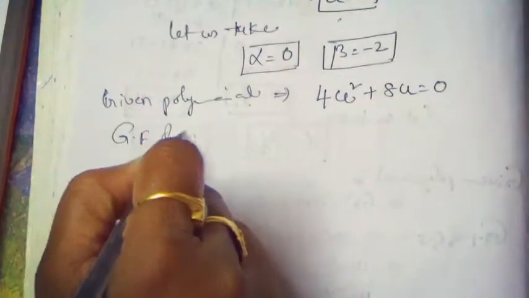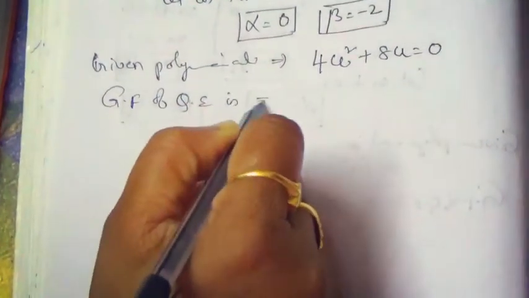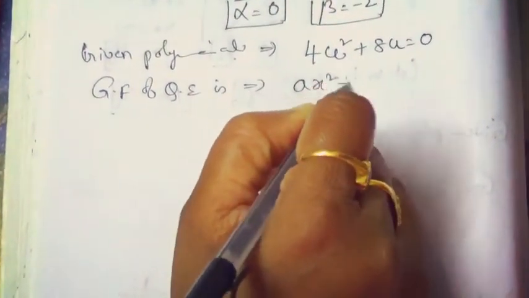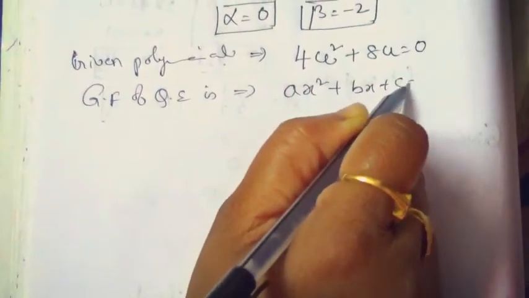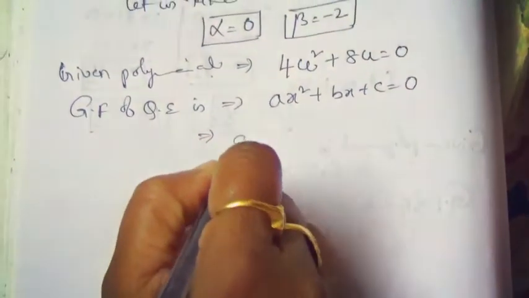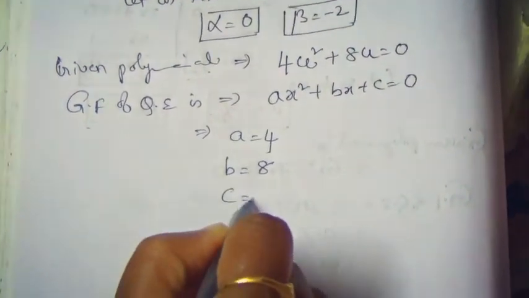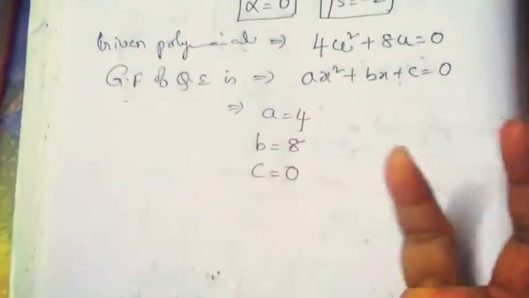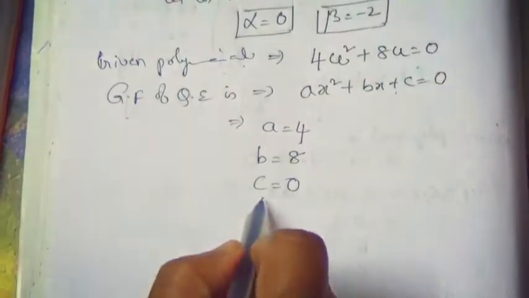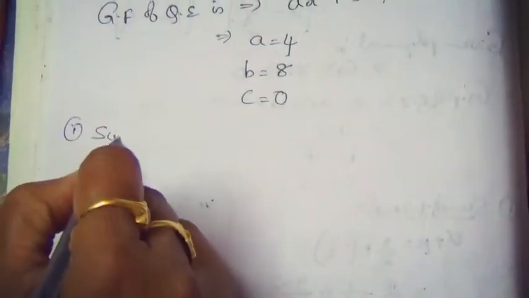The general form of a quadratic equation is ax square plus bx plus c is equal to 0. What is a? 4. B value 8. C value 0. There is no constant term in the given equation. Then we have to take this 0. The first one is the sum of the zeros.